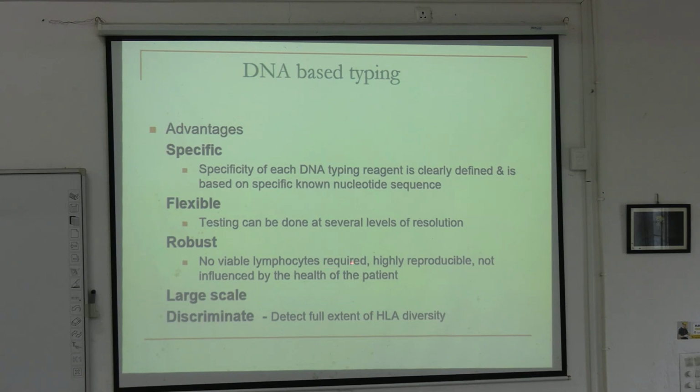Then no viable lymphocytes are required, they are highly reproducible, and not influenced by the health of the patient. For large scale testing, they usually do the DNA based typing, which is done for both class 1 and class 2 MHC molecules. And they can detect the full extent of HLA diversity.